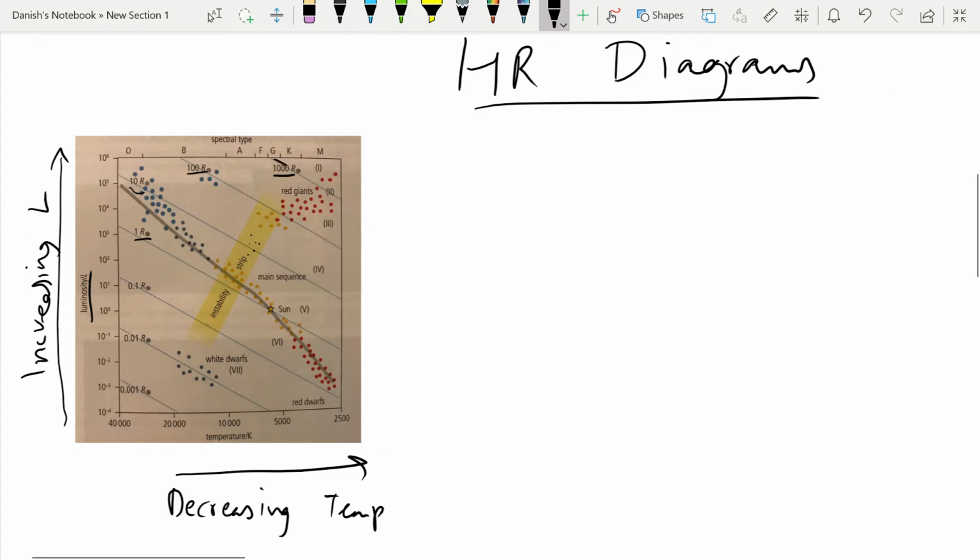So along this line or above, the radius of the star is 1,000 times or greater than that of the sun. For example, if it's here or below, we know that it's 0.01 times the radius of the sun or lower. So that basically covers all the content, so let's quickly move on to the questions.